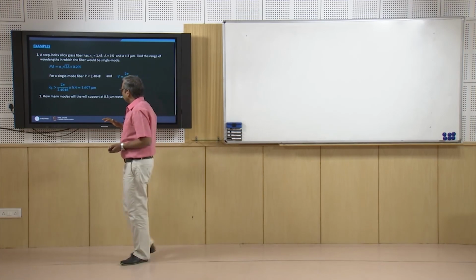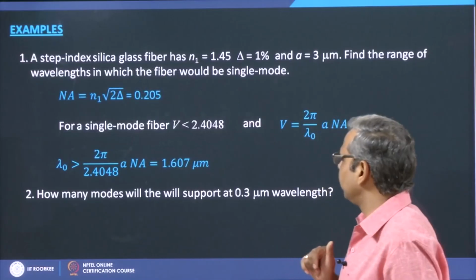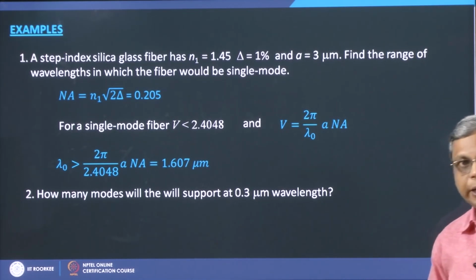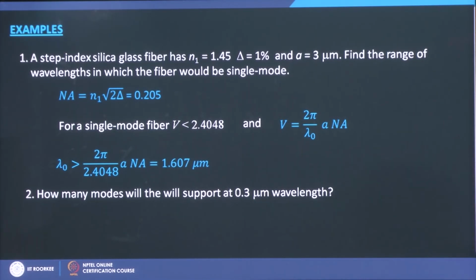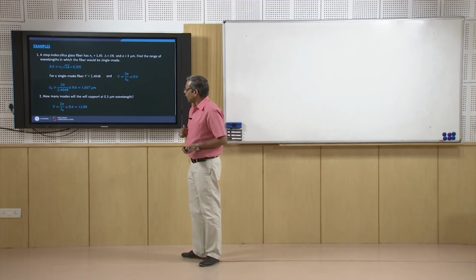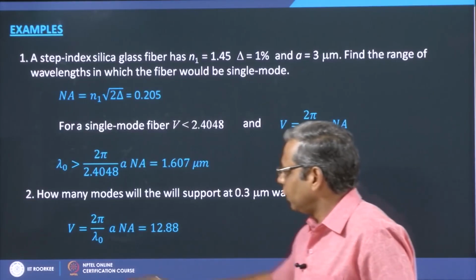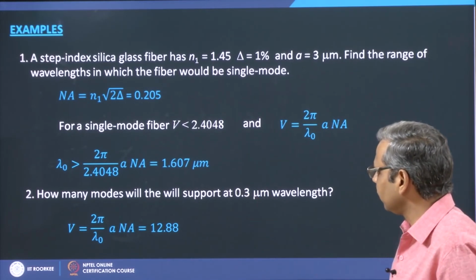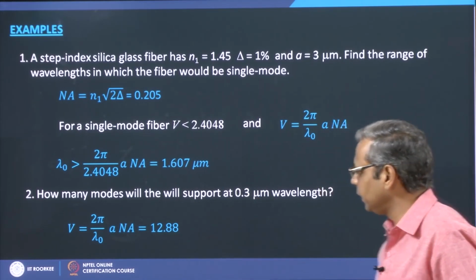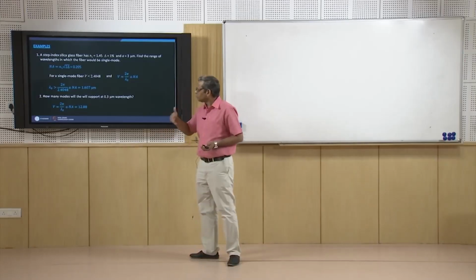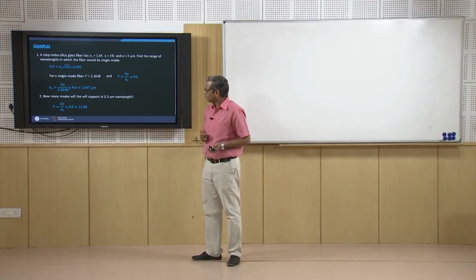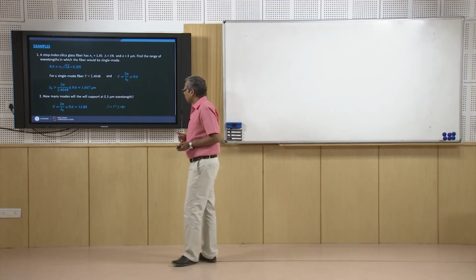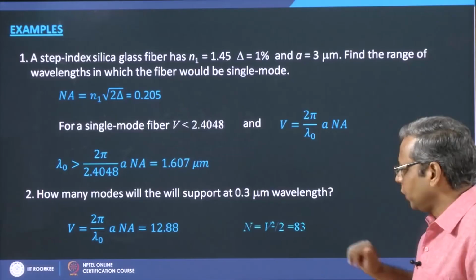Now, can I find out how many modes this fiber will support if I change the wavelength to 0.3 micrometer? It is easy. I can immediately find the value of V at this value of lambda naught, and it comes out to be 12.88, and since it is much larger than 2.4048, the number of modes can be approximated by V square by 2.